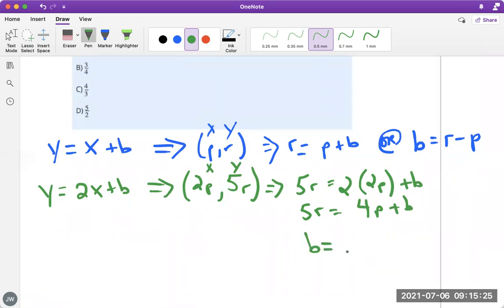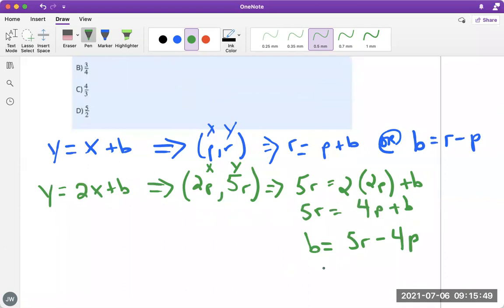So b would be equal to 5r minus 4p. All you do is isolate, so I'm subtracting 4p from both sides. And I just rewrote it. Equivalencies means you can write a equals b, b equals a, same thing.